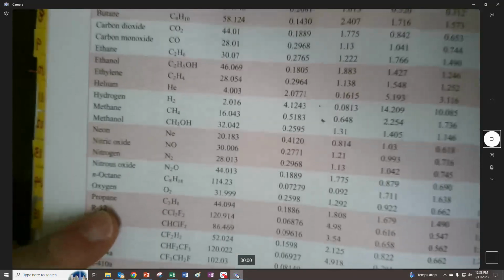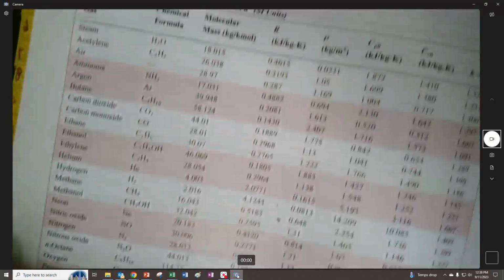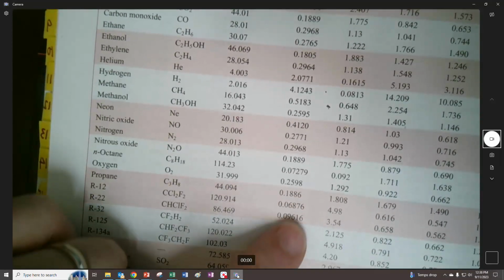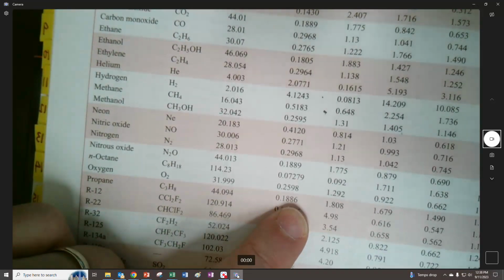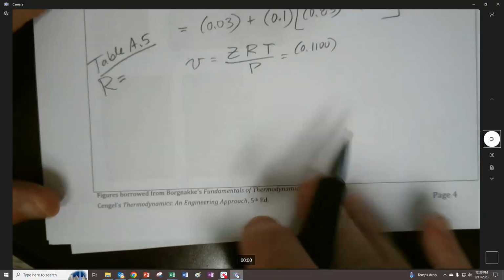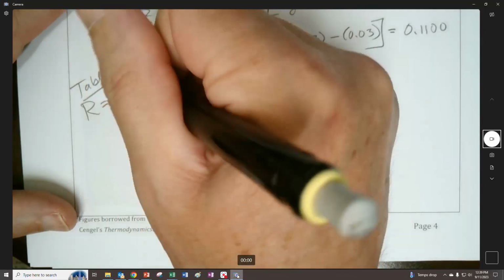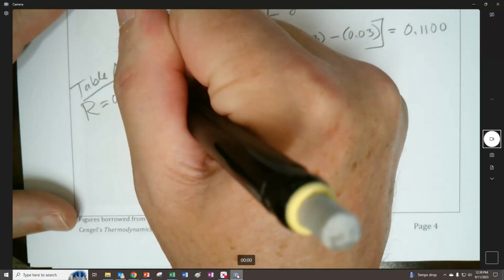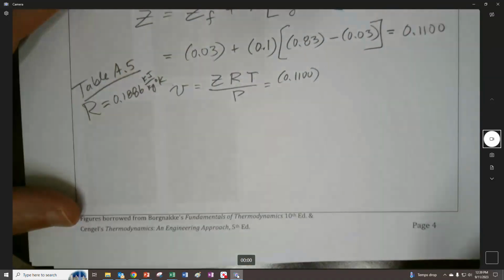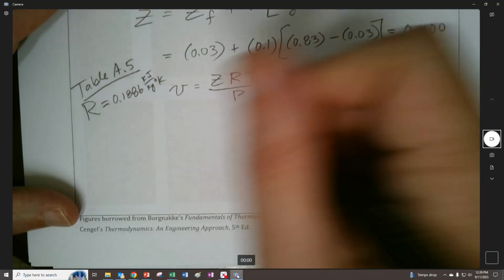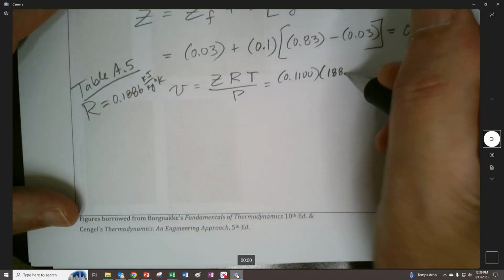And propane has an R of, where'd you go, propane? There you go. 0.1886. Remember, these are kilojoules per kilogram degree Kelvin. But we would rather have it as Newton meter, so I'll multiply it by 1,000.